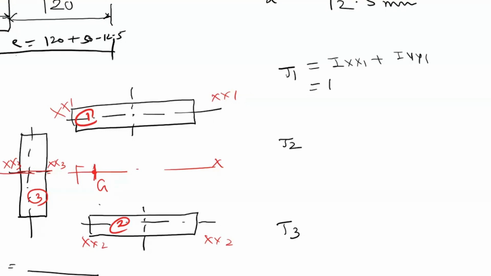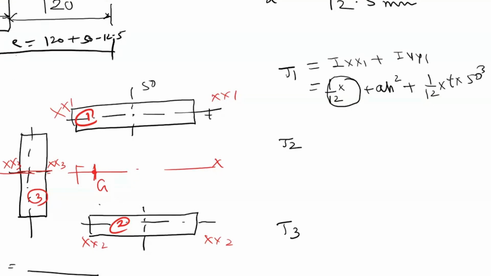Now I am finding IXX1. IXX1 will be 1 by 12 into this distance, which is 50, and this is t, into t cube. This is 0 plus Ah square, plus IY is 1 by 12 into t into 50 cube. Have you understood this?